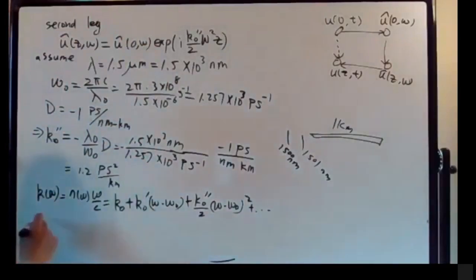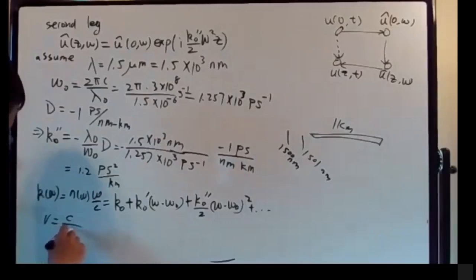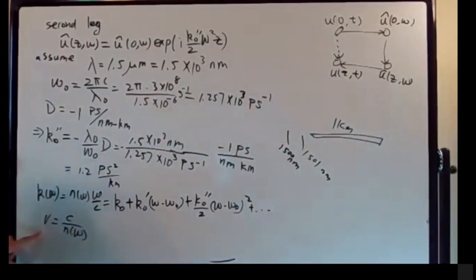So in other words, v in the glass is c divided by n omega. The speed of light propagating in the glass is the speed of light in the vacuum divided by the refractive index. That's how you define the refractive index.